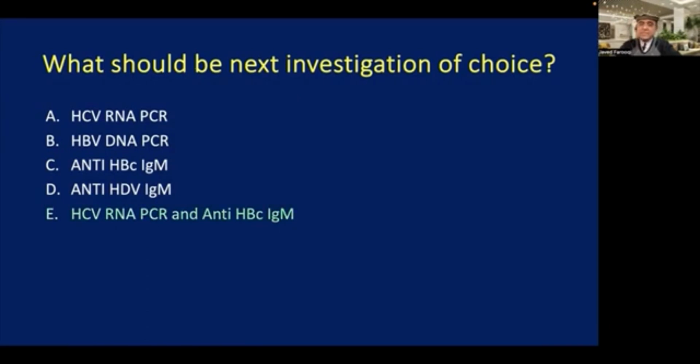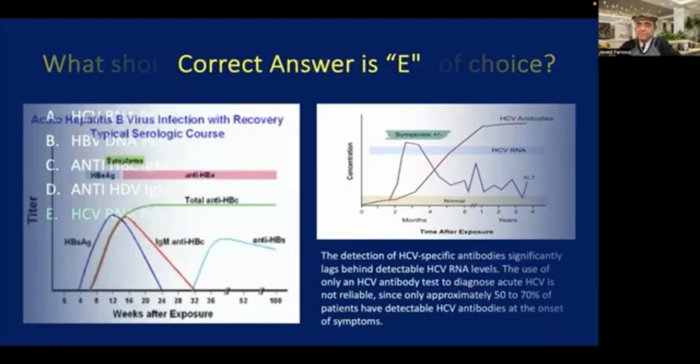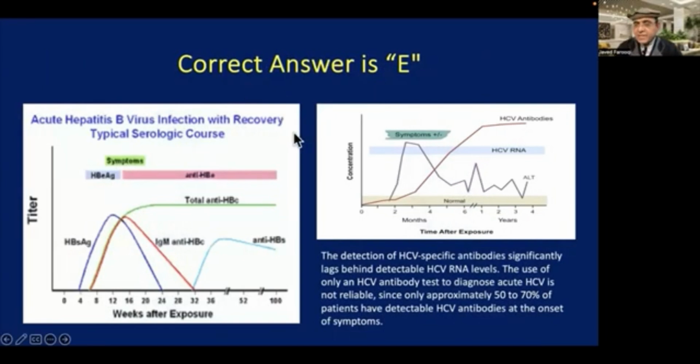The answer is HCV RNA PCR and anti-HBc IgM. This is the correct answer for this question. Why? The reason is, this is the profile of acute hepatitis B virus infection with recovery, the typical serological course.